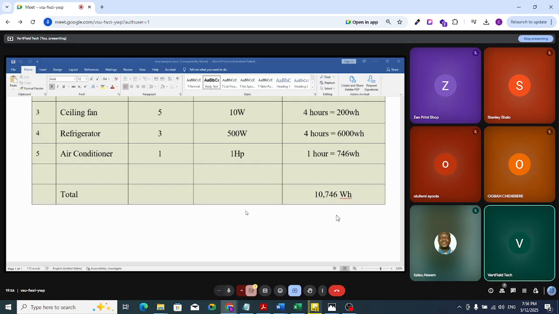So we are going to be talking more about this backup time when we start to design the components of the solar system, particularly the battery system. When we say the running time, it typically tells you how long you want your appliance to be on. So that is the difference. Okay. Thank you.